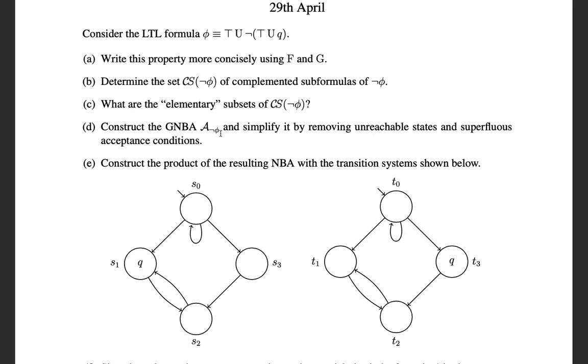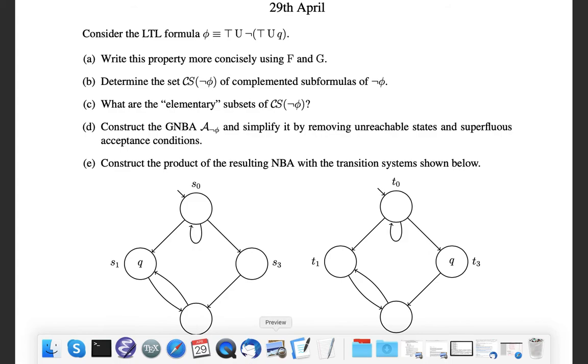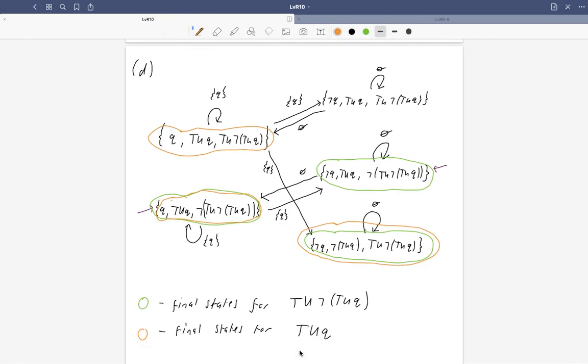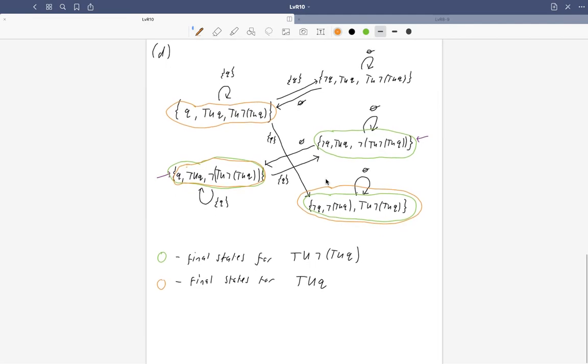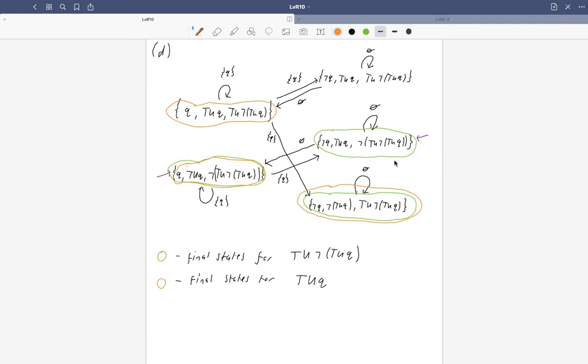So we've constructed the generalized non-deterministic Büchi automaton A not phi, but now let's simplify it by removing unreachable states and superfluous acceptance conditions. Let's see what that means. So let's go back here and consider this generalized non-deterministic Büchi automaton. A run of this will start at one of the initial states.